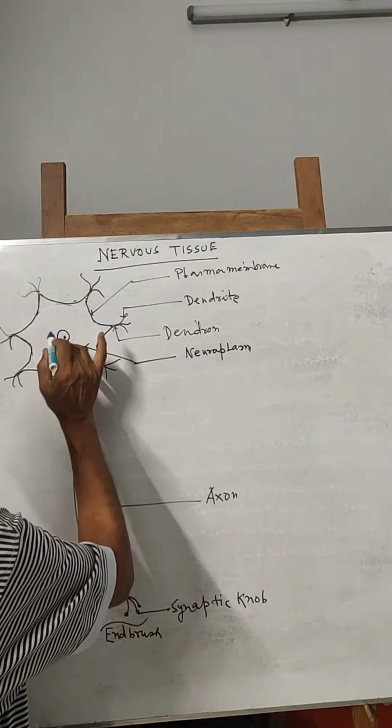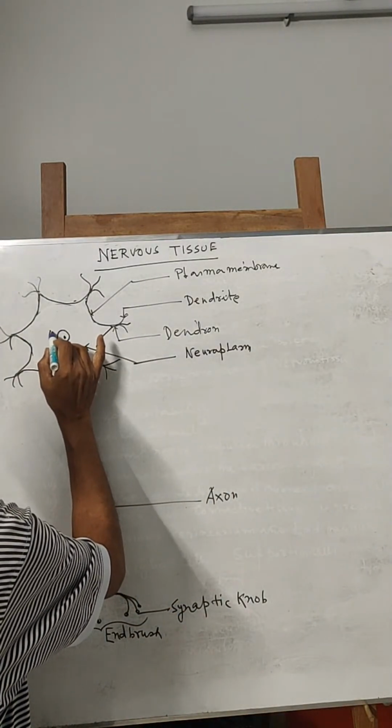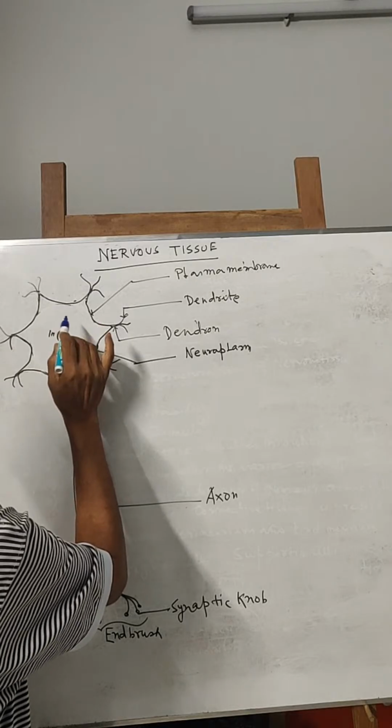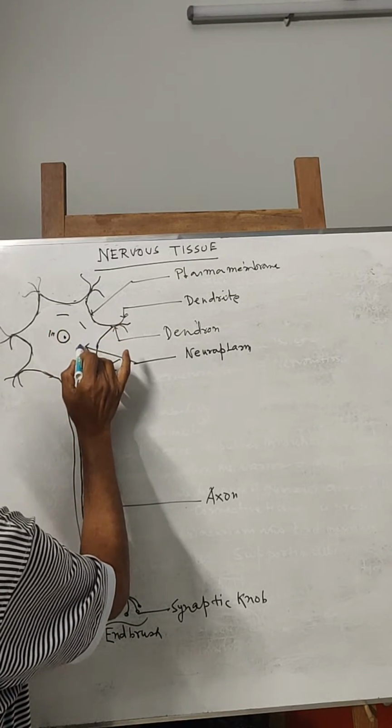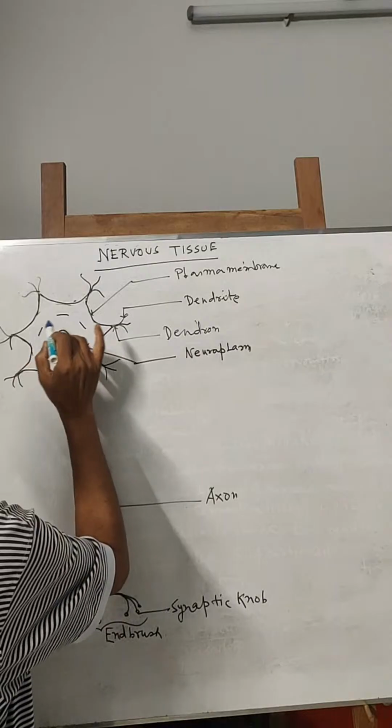Next, this is Golgi bodies. This is mitochondria. This is Nissl bodies. This is the nucleus. This is mitochondria.